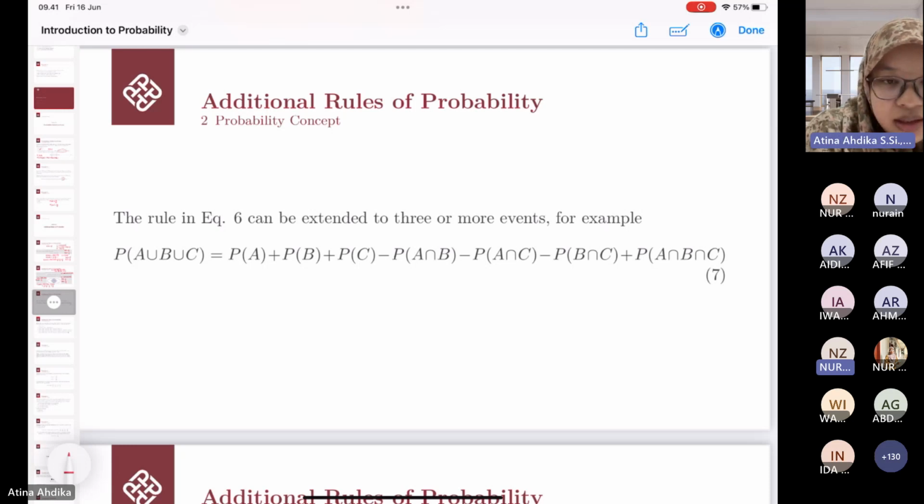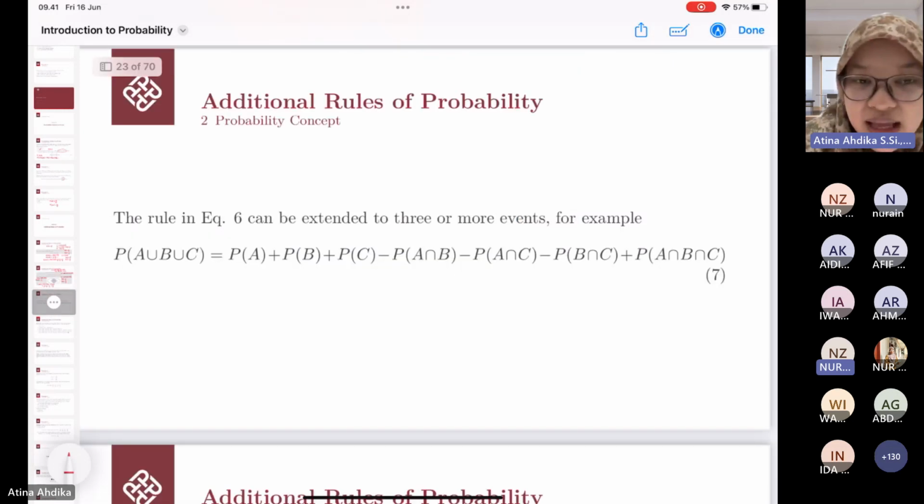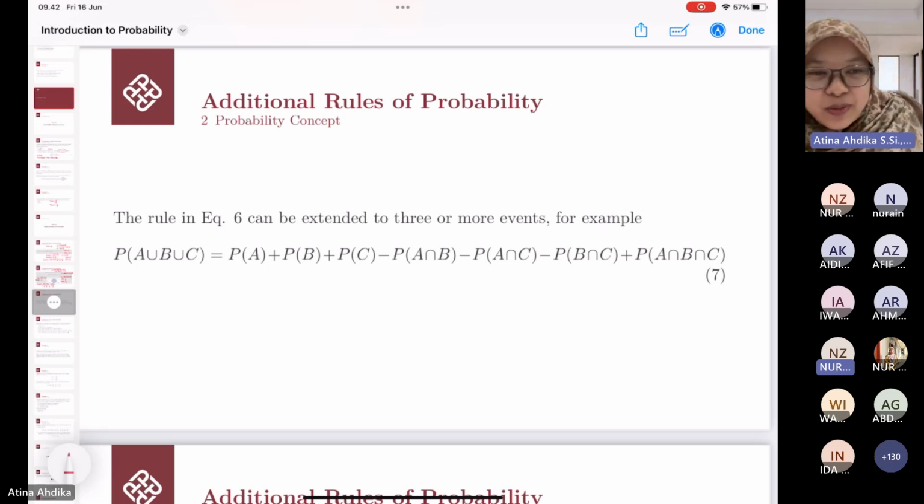The rule in equation number 6 can be generalized or extended to 3 or more events. For example, for 3 events, we can calculate the probability of the union between A, B, and C by using this equation. So how come this is equal to the probability of the union between A, B, and C?